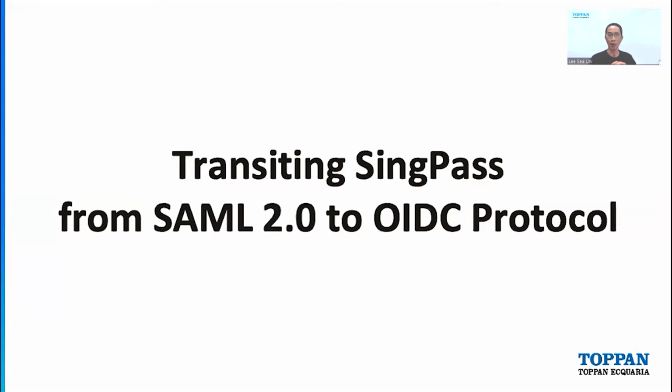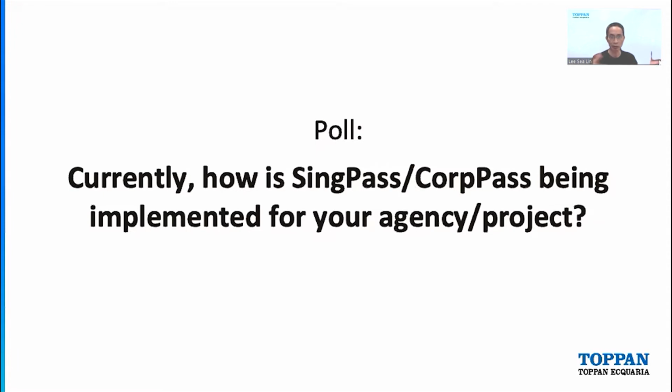But maybe before we proceed further, I'd like to conduct a little poll to find out, from the audience that we have today, what kind of SingPass and COPA solution you have implemented in your agency.